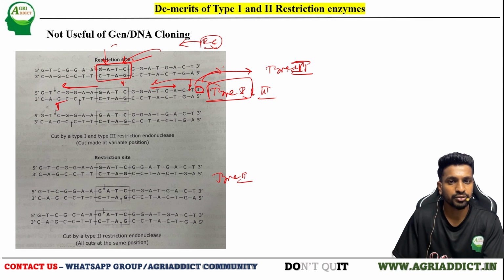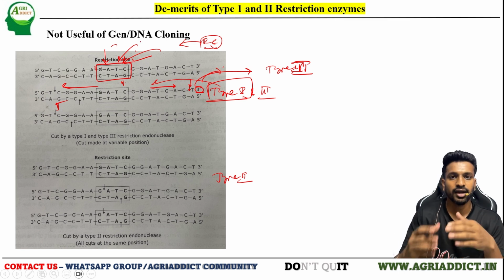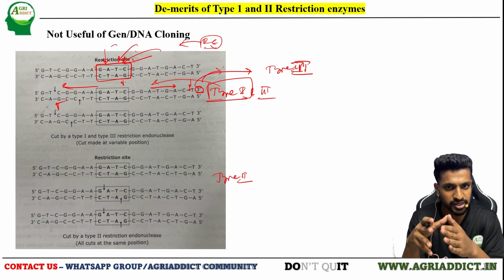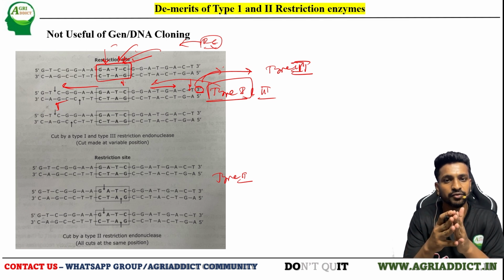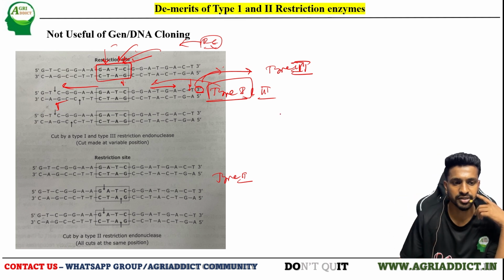Type 1 and type 3 are similar in that they won't make the cuts within the restriction sites. They make the cuts away from the restriction sites. In the type 1, it is far away, up to 1000 base pairs away. And in the case of type 3, it is 25 to 26 base pairs away on the 3' side. That is also very much important.